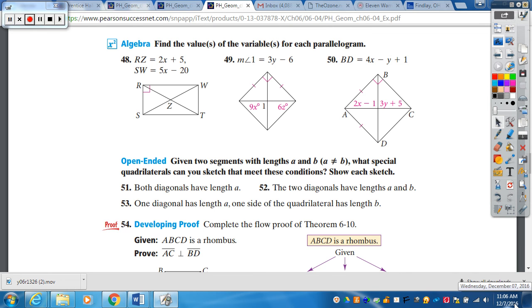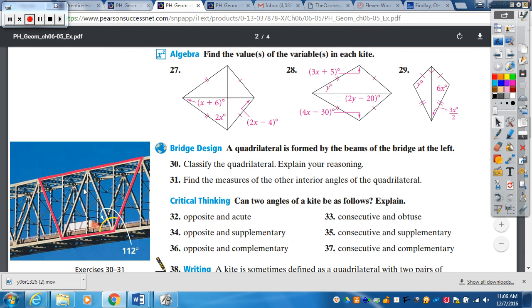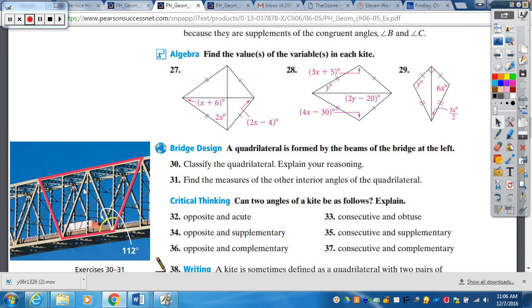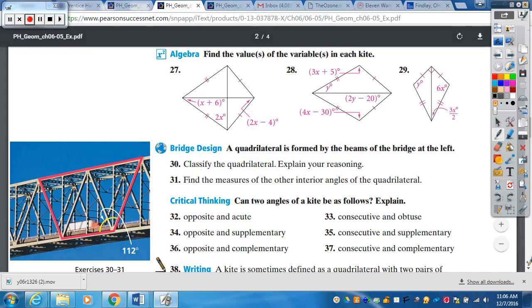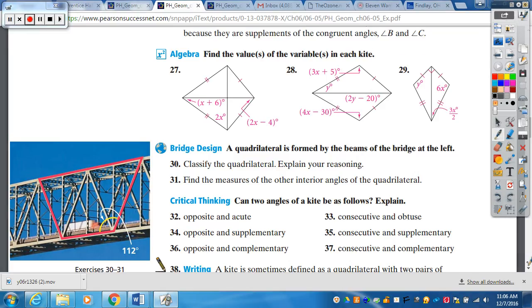Now, let's see if I can go over to the other page. All right. So we had 24 and 27 from page 323. I'm going to talk about 27 first. This one, again, is really important that you know how to do. One that can throw people off on the tests. So when I have the diagonals within a figure, either a rhombus or a kite, it's really important that I show that the intersection forms a 90-degree angle.